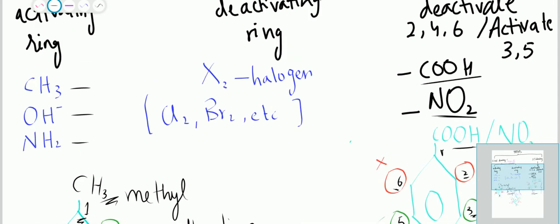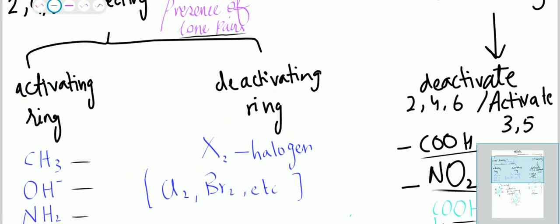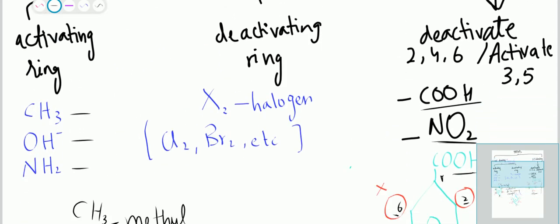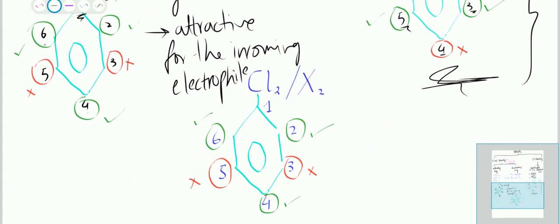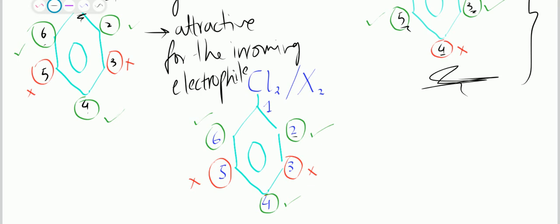Also, if we see the deactivating ring groups, which mainly constitute the halogens, we see that they activate position number 2, 4 and 6 as well, and deactivate position number 3 and 5. The reason for this is that chlorine is a highly electronegative element.